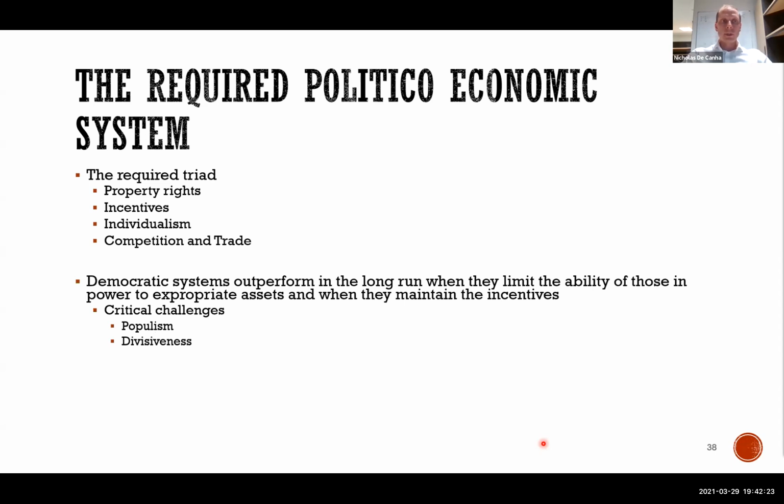And so the real question is long-term, and the suggestion is at the moment democratic systems outperform in the long run because they limit the ability of people in power to expropriate assets. So this is the soft benefit of democracy. It's a much more messy process. It's much slower, but in the long run, it's very difficult to have a series of good lifetime presidents.